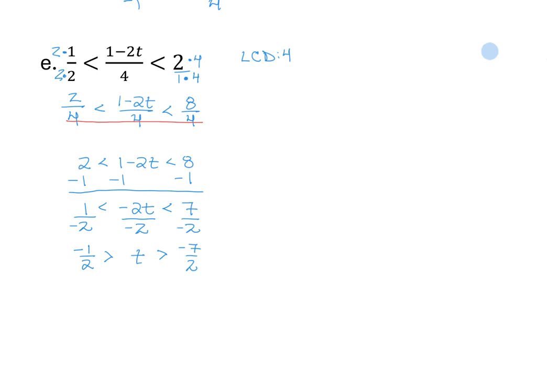When we graph this, okay, we have 0. We have -1/2 is closer to 0 than -7/2. And so, just like we saw in example B, we can go ahead and rewrite this from left to right.